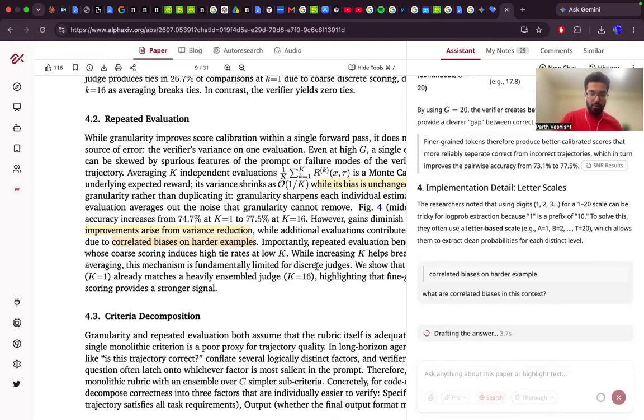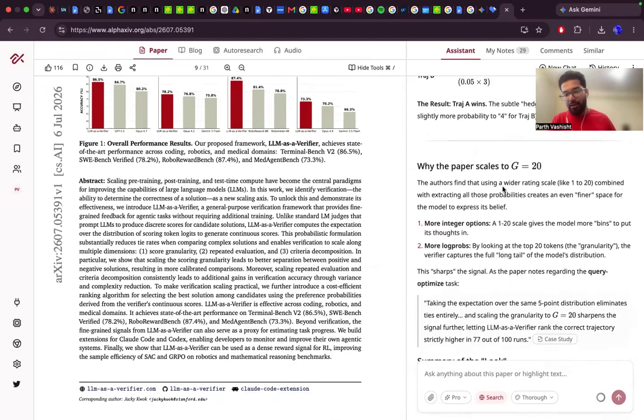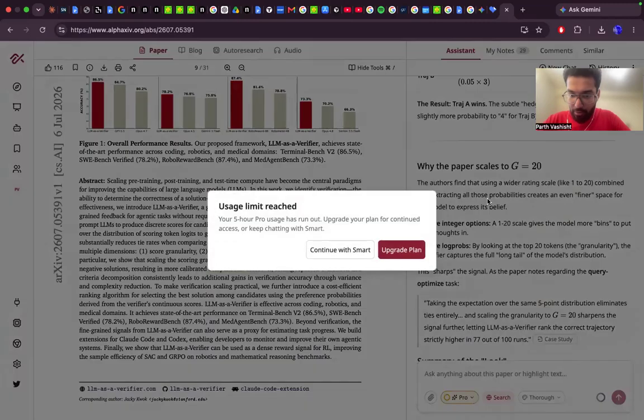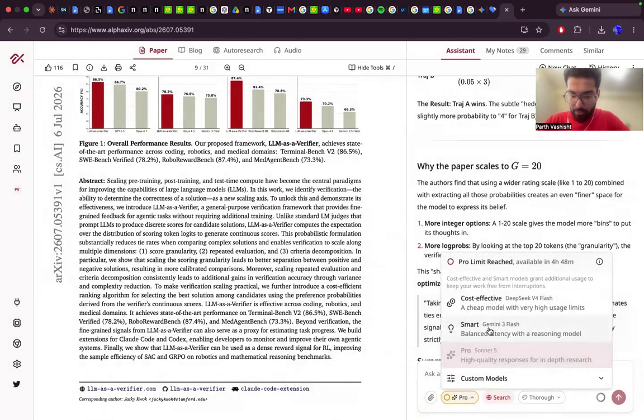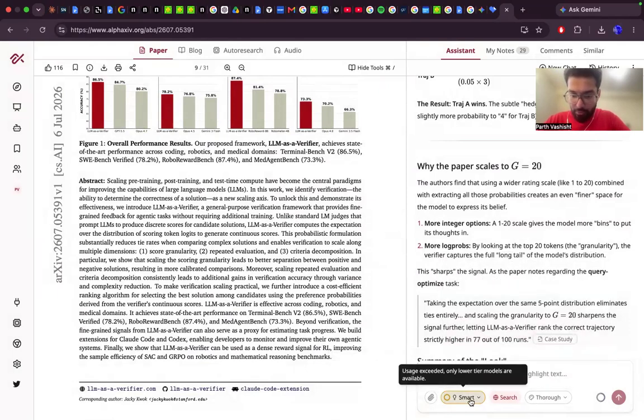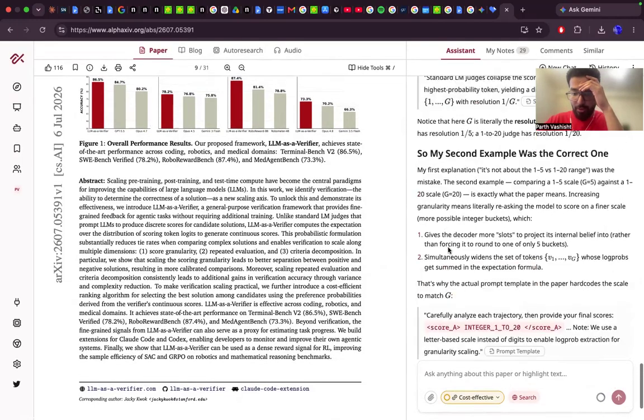Okay, so it's going to draft our answers. That's okay, I'm not gonna use Pro. I'm gonna use cost effective, cheaper versions. No, this is not what I want.